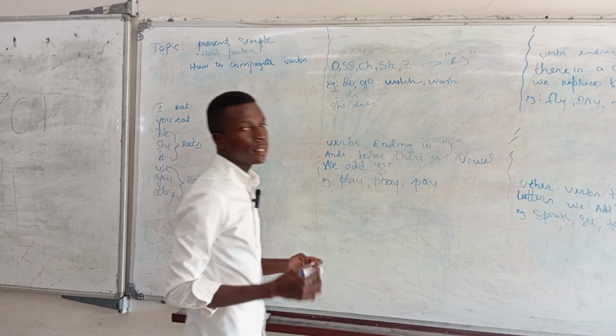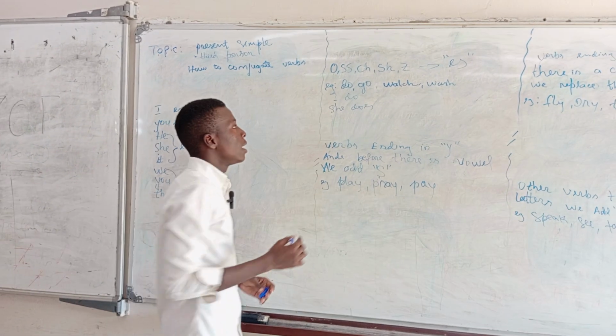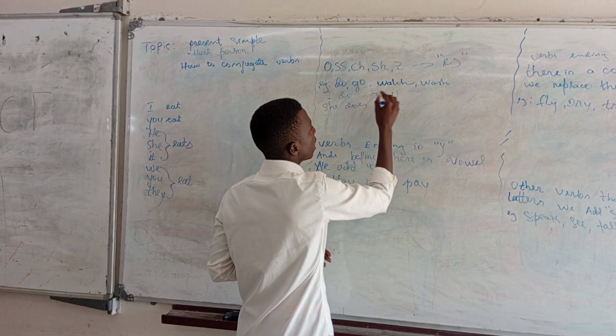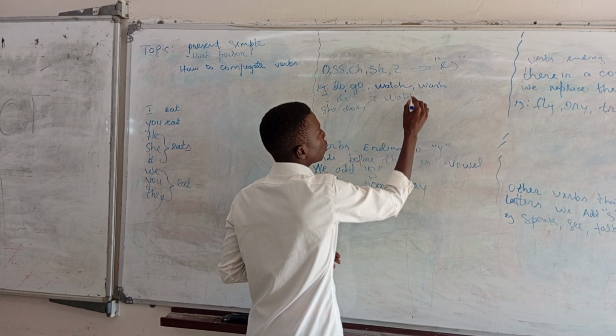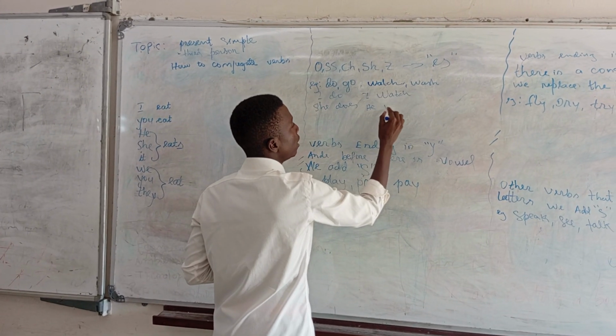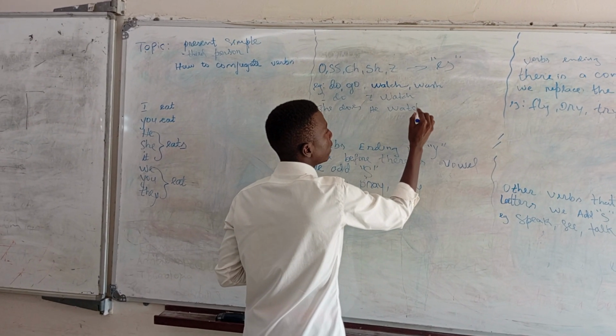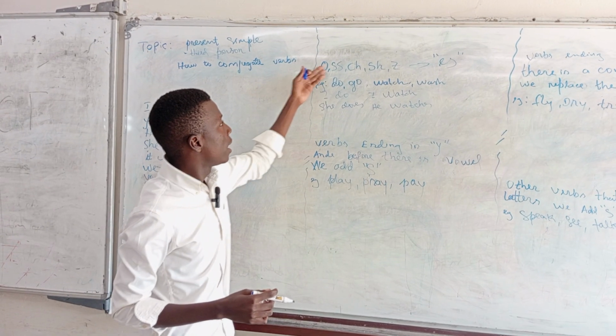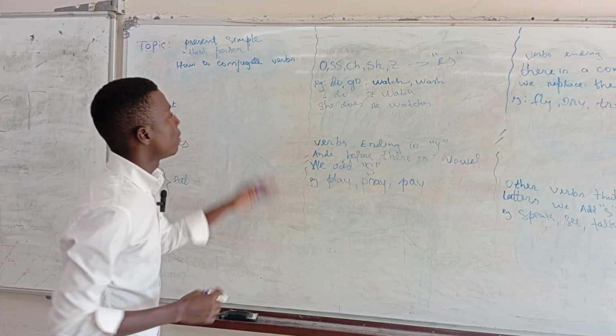Another example is the verb to watch. We say I watch, and in the third person, we say he watches. This is the way we conjugate these verbs when they end with these letters.